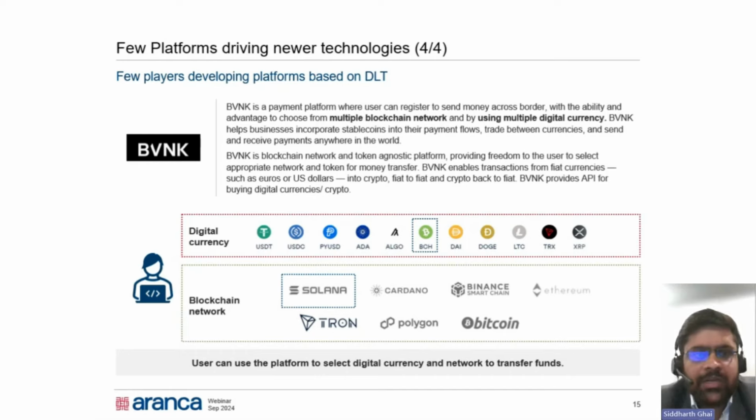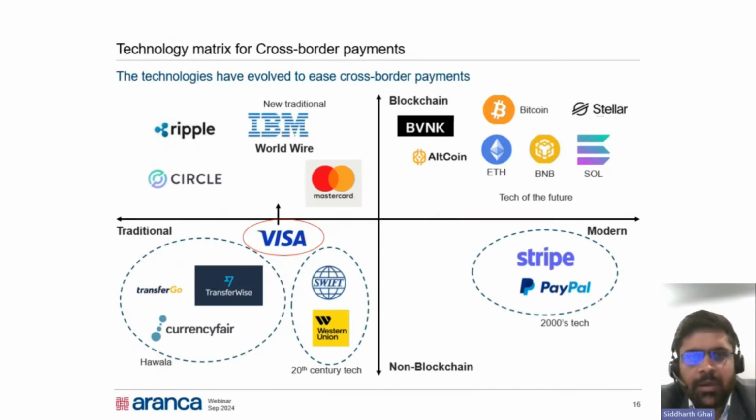So now coming to a quick snapshot of how the technology is evolving in the cross-border landscape and how the players are transitioning towards the newer technologies. There are four quadrants. So one is traditional companies using non-blockchain technologies for doing the cross-border transactions.